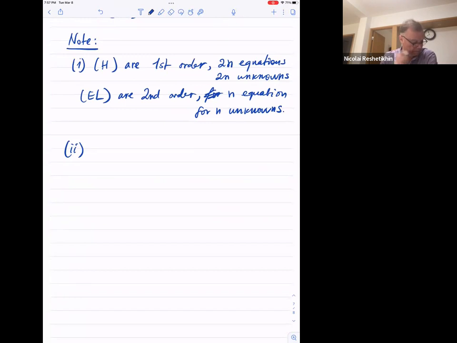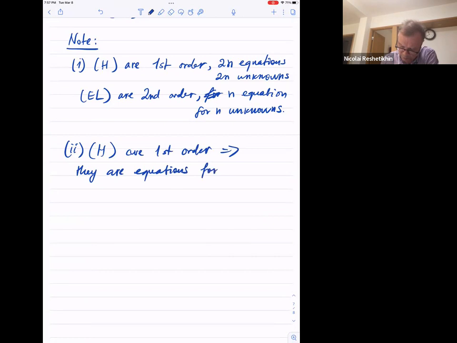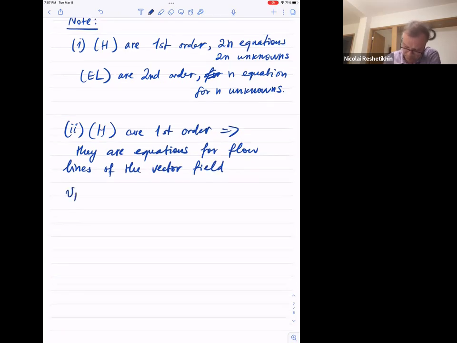So, second, Hamilton equations are first order. I just want to emphasize this again and again, which means that geometrically, they are equations for flow lines of a vector field. I can write it in local coordinates.